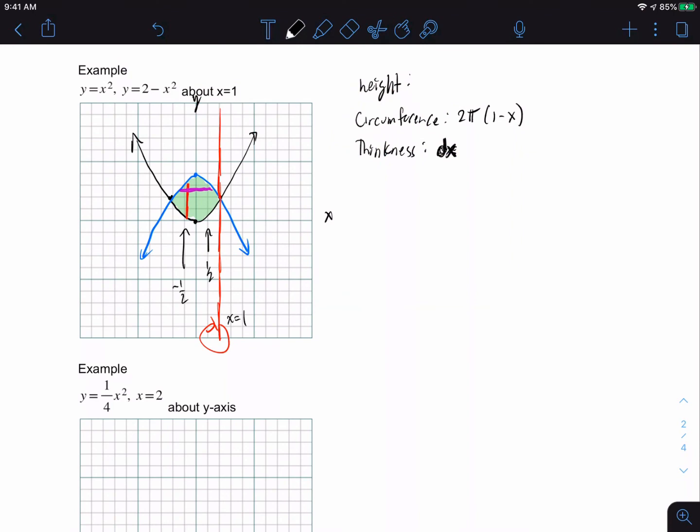All right. So then the height of this thing, though, is going to be the blue curve over the black curve. And the blue curve was 2 minus x squared minus the black curve, which was x squared. Now, the intersection bounds in terms of x are from where to where?